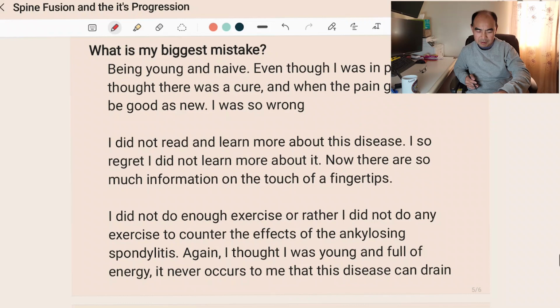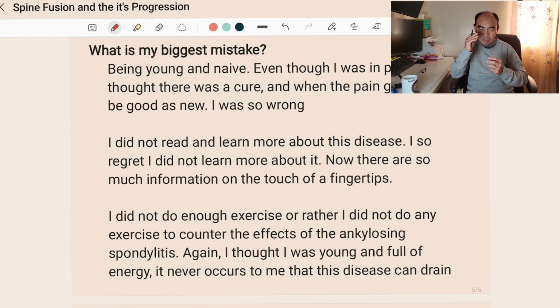I want to talk about some of the biggest mistakes I have made. In the old days, like I said, I started having these when I was young. Being young and naive, I thought, oh, it's just some pain, take some painkillers, and things will go away one day. It doesn't. I didn't know enough about the disease, and it didn't occur to me to care about the long-term effect, only the current effect.